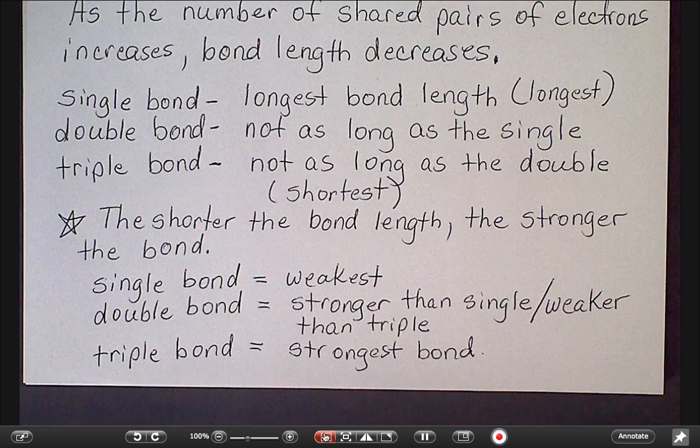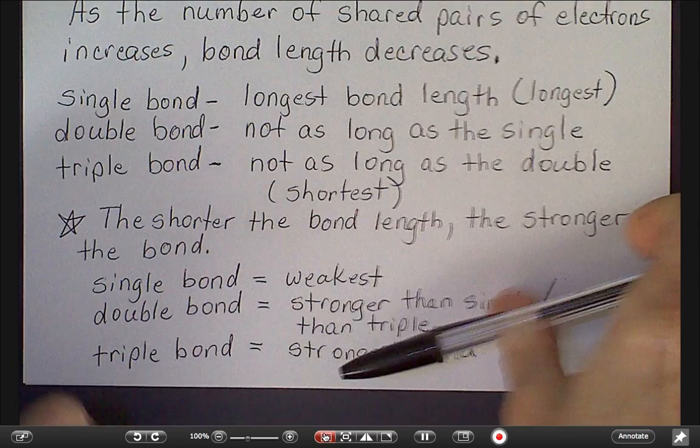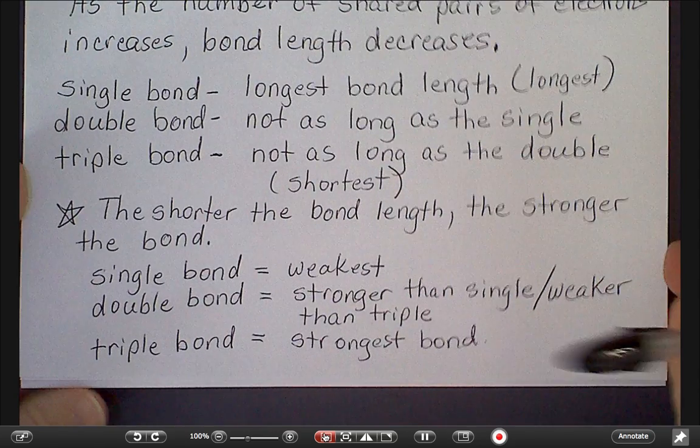Questions? Okay. So, everybody caught up with me? Okay. When bonds form between elements and when bonds are broken in chemical reactions and new bonds formed, all of that requires a change in energy.